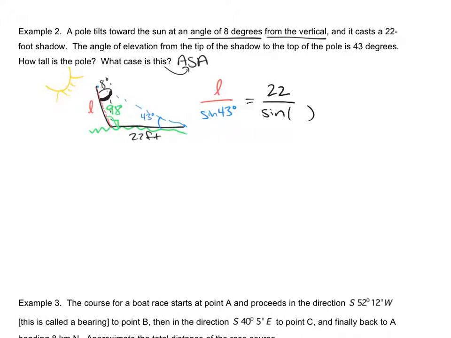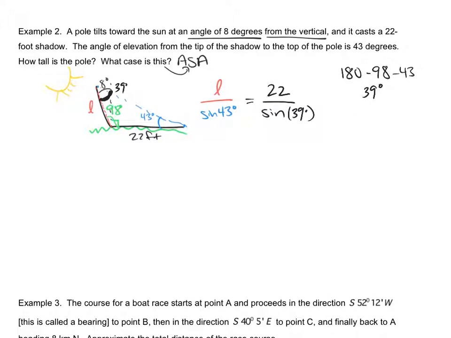In order to find that, we know that the interior angles of the entire triangle add to be 180 degrees. And we know that one angle is 98, so we've accounted for that. And then the other angle is 43. And so 180 minus 98 minus 43 is 39 degrees. So this total angle here is 39 degrees. So that's what's going to go into our proportion.